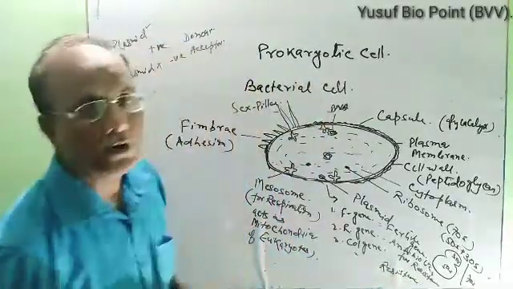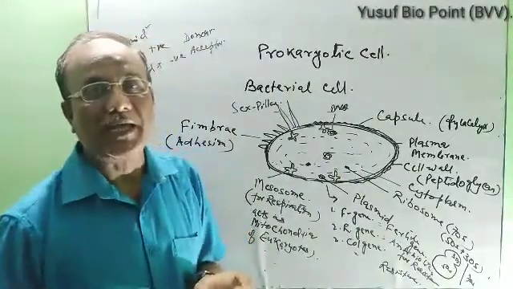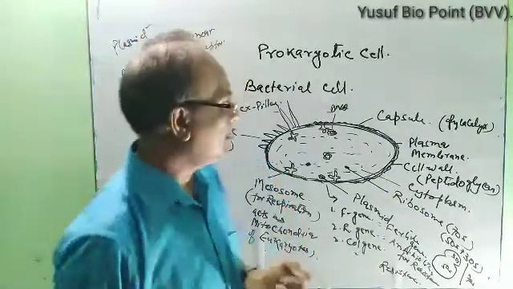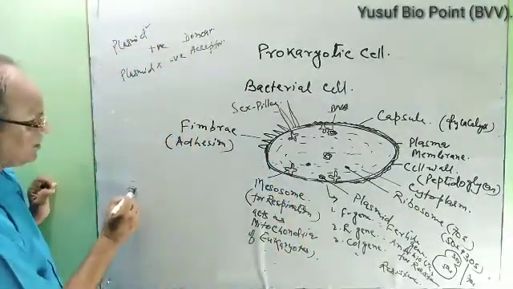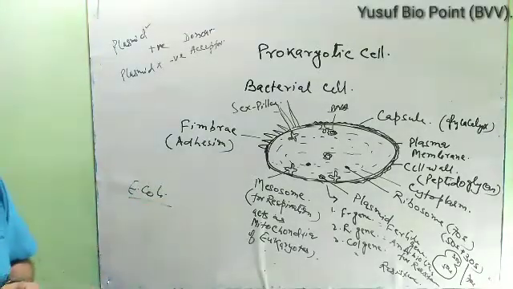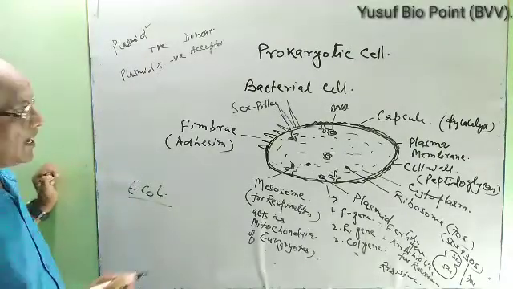And this col gene is also resistance for such chemicals which are excreted from the E. coli. E. coli is one of the main bacteria which is found, and on which many experiments have been done.